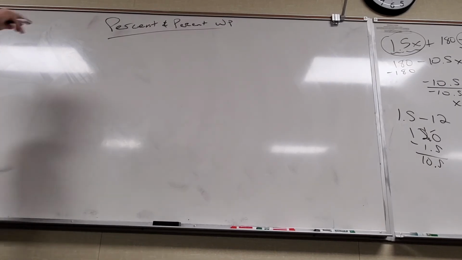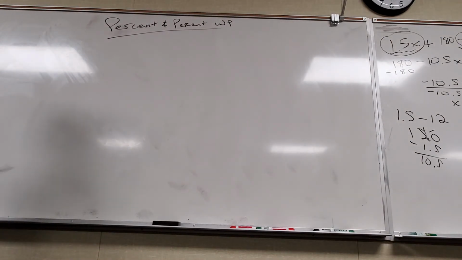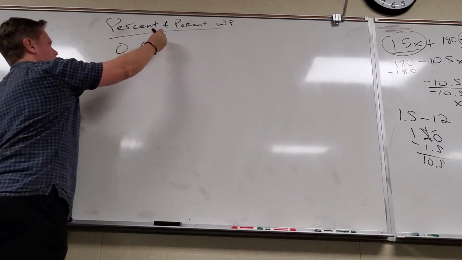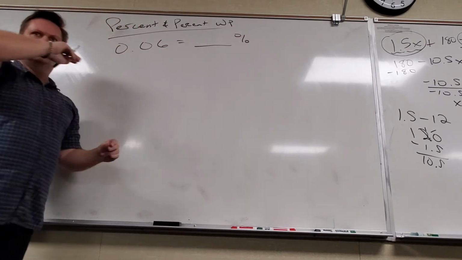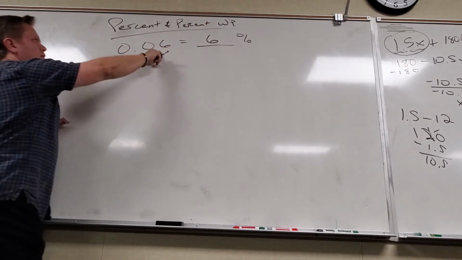So, we did talk a little bit about percentages already. Percentages and fractions and so forth. But let me make sure you guys remind me what you know. 0.06 is what percent? 6%. I love it. What is 0.06 as a fraction?